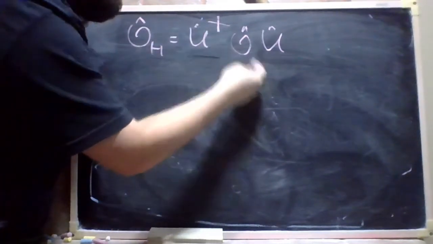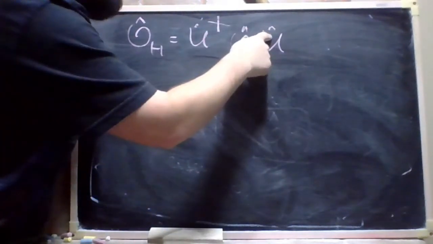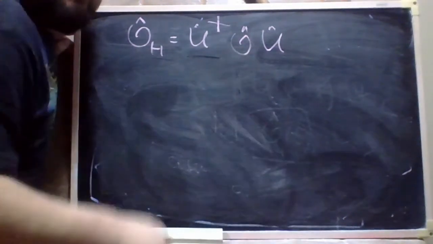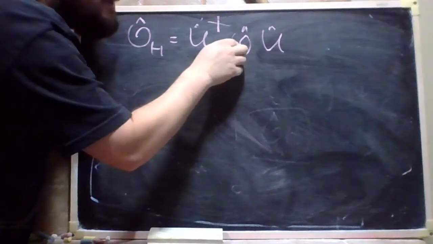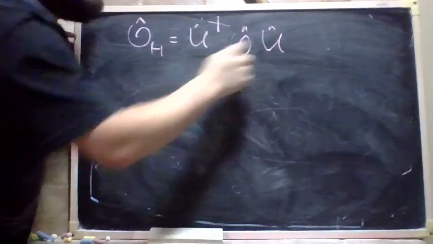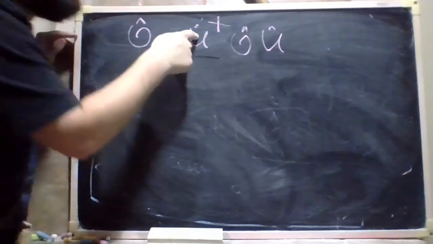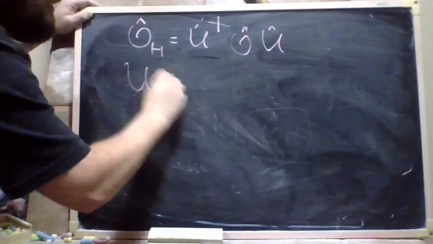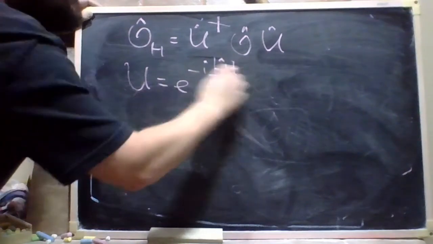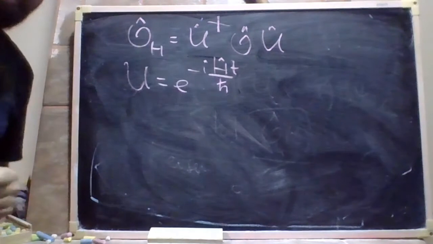The operator is in between two matrices, and this is the evolution operator. So for Heisenberg, you must pick the Schrodinger operator and then sandwich it with evolution operators. Here is the evolution operator, and here is the inverse. And this operator, we already know, is just minus i, the Hamiltonian multiplying time, divided by h bar. This is the evolution operator.